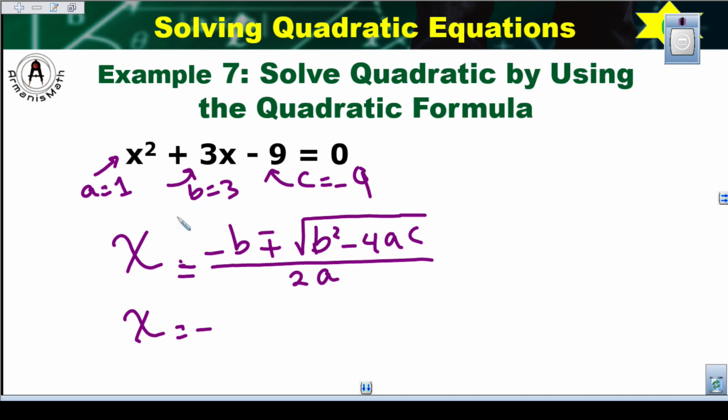Anyways, x equals negative. What's my b in this case? Well, the b is 3. Plus or minus. What is my b? It's 3. Minus 4 times a. What's my a? That's the 1. What is my c?